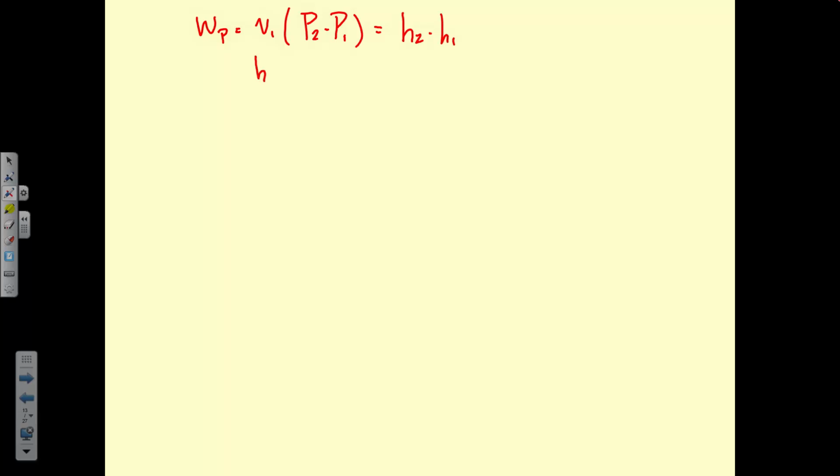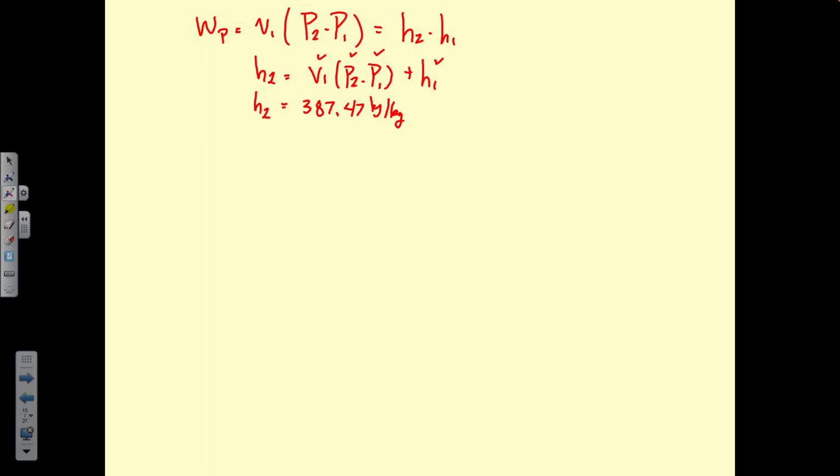So H2 is equal to V1 times P2 minus P1 plus H1. We know H1, P1, P2, and V1, so we can plug all of those numbers in and solve for H2, which I'm not going to write all down for lack of time. So 387.47 kilojoules per kilogram is H2.